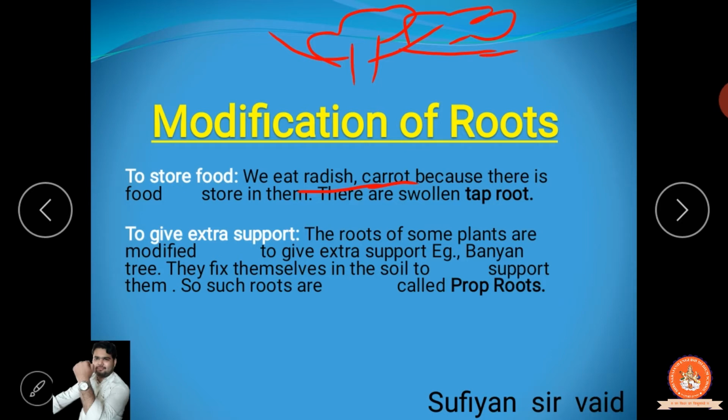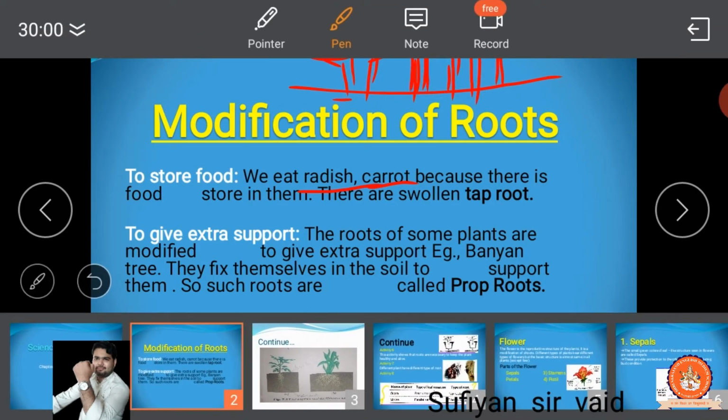Now from those branches, this is our soil. From those branches we are getting roots, and they go inside the soil and they become what? They look like wood, like a woody cylinder. It looks like wood, and this is the root. And it supports the tree so that the tree can become very big. Clear? Let me rough it out.